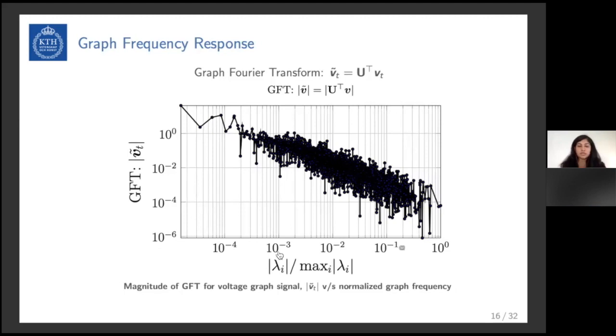On the x-axis, I have the graph frequency, which is normalized. As one can see, the magnitude of this graph Fourier transform is higher at the lower frequencies as compared to the higher frequencies. Note that frequencies here are all graph frequencies. So this figure is the evidence, or just confirms our idea, that the voltage graph signal is a low pass filtered graph signal.